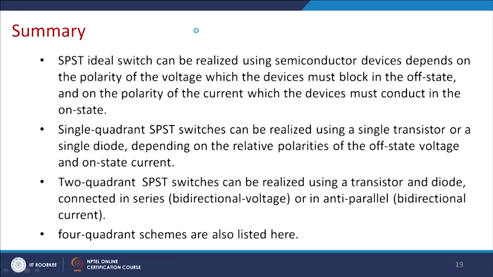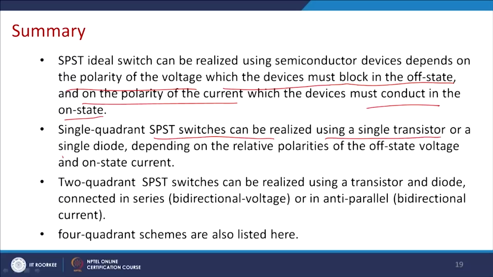Now, what is the summary of these switches? An ideal SPST switch can be realized by semiconductor devices depending on the polarity of the voltage which the device must block in the off state and on the polarity of the current which the device must conduct in the on state. A single quadrant SPST switch can be realized using a single transistor or a single diode depending on the relative polarities of the off state voltage and the on state current.